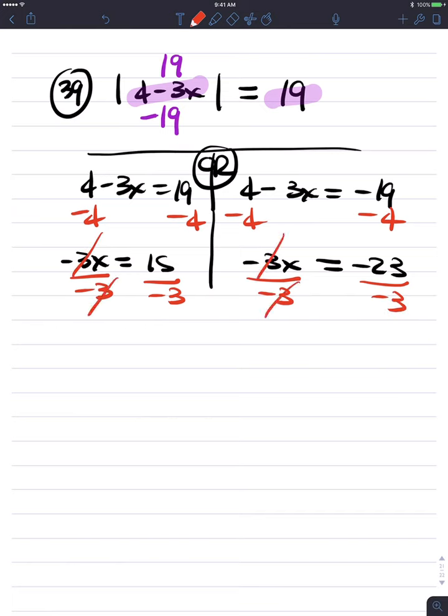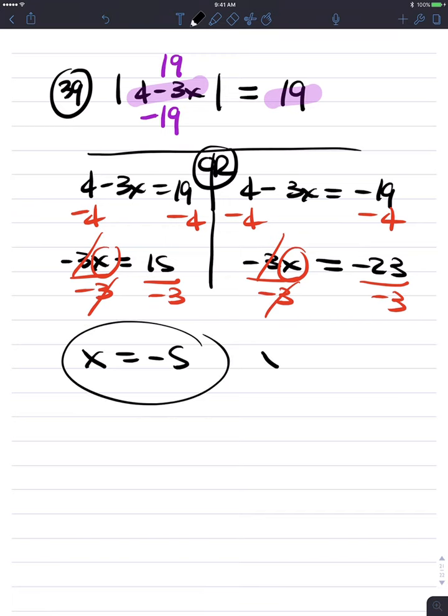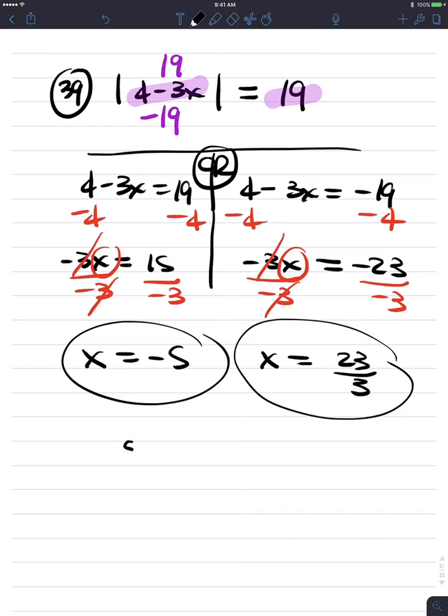For both of these, we're left with our x. X is a positive over a negative is a negative. X is a negative divided by a negative is a positive. Notice 23 over 3, we have 2 primes, and they're not the same prime, so there's no cancellation. Final answer is negative 5, comma, 23 divided by 3.